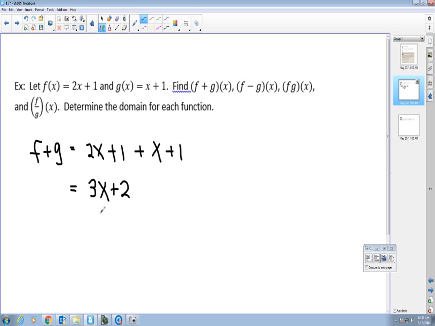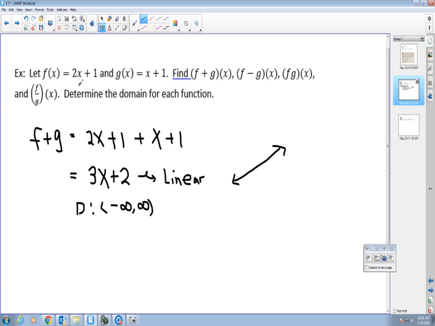Now since my answer is also a linear function, the domain for a linear function, which is a straight line, will always be from negative infinity to infinity. So parenthesis, negative infinity to infinity.